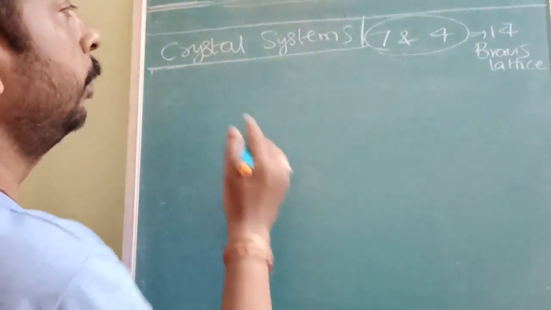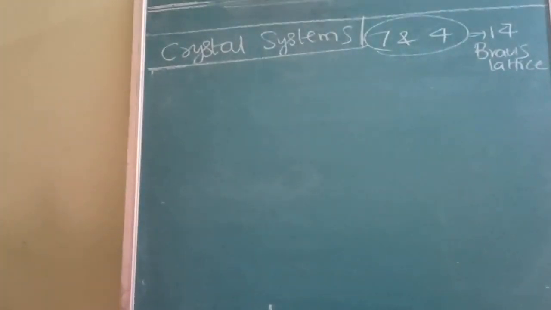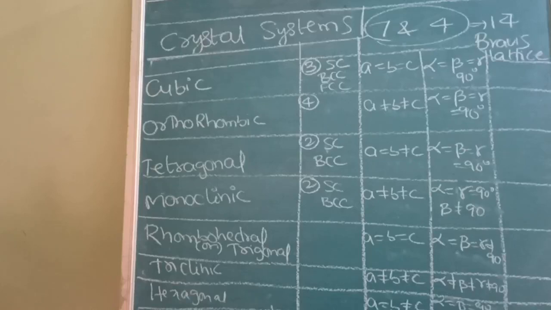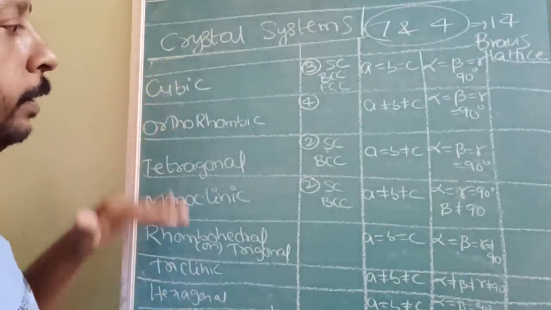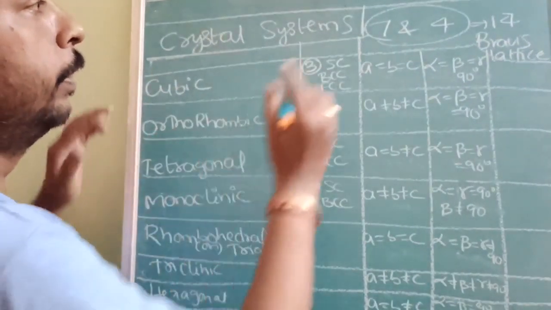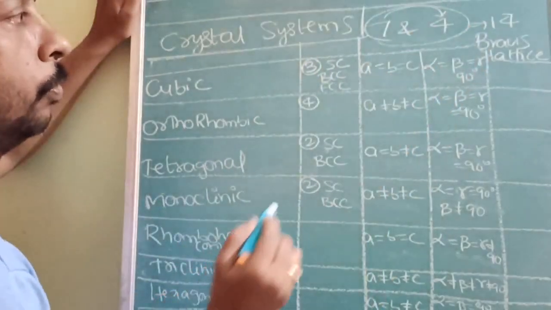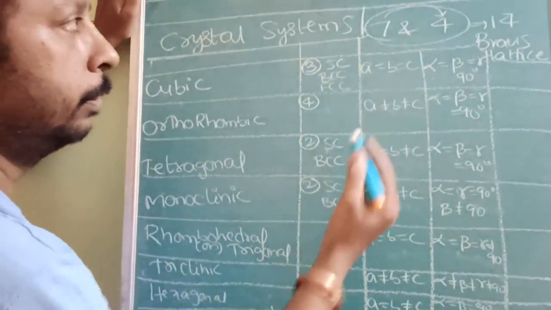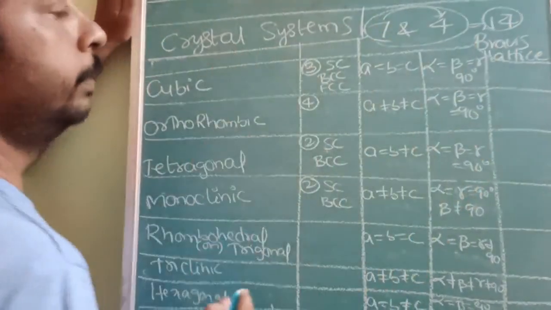I will be writing the table, just wait for it. These are the 7 basic crystal systems. When you combine these 7 basic crystal systems with the 4 cubic systems or 1 hexagonal system, in total we will get 14 Bravais lattices.